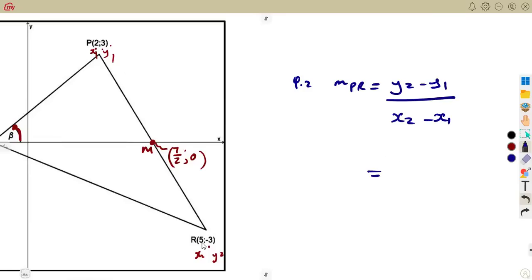So for PR, y2 minus y1 is minus 3 minus 3, you subtract the 3 there. So it's minus 6 over what? x2 minus x1. Our x2 is 5 minus our x1 is 2, so that's minus 6 over 3, which is minus 2. So that's our gradient there.